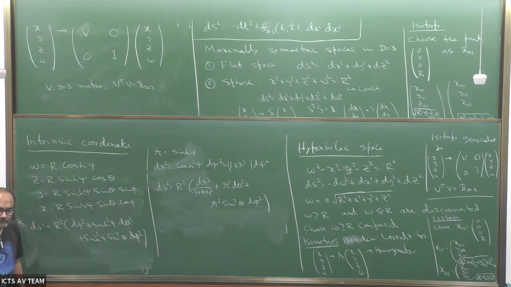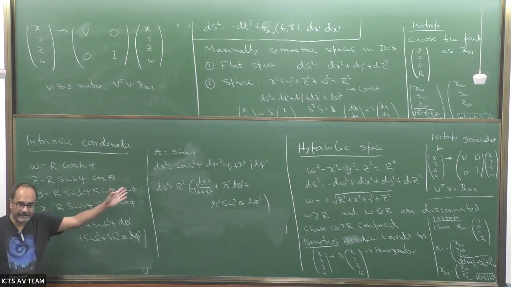Then psi is 0 to infinity. So here there is no negative r, like in the sphere case. The fact that there is no negative r is something you have to check. That comes from the fact that the psi range is restricted.